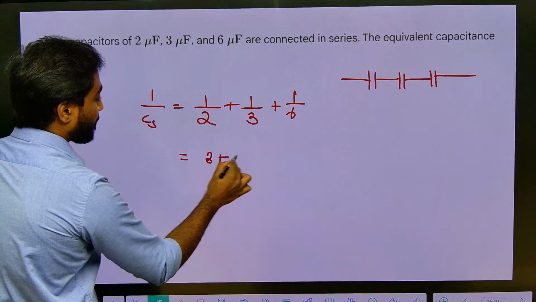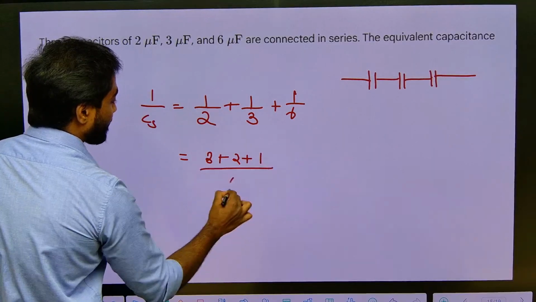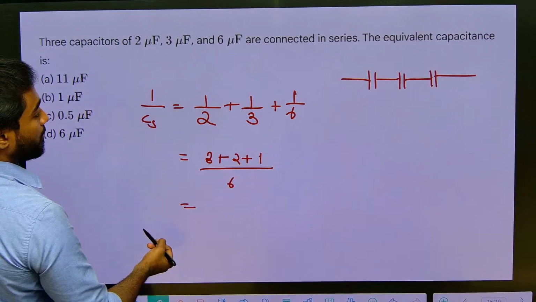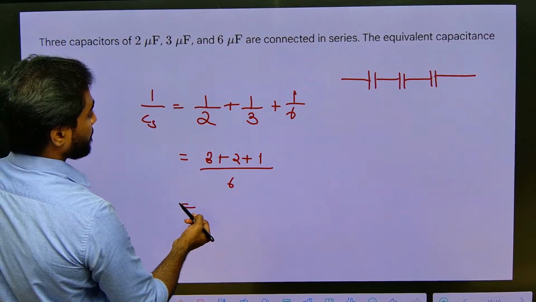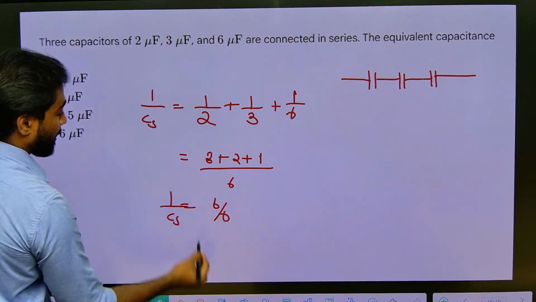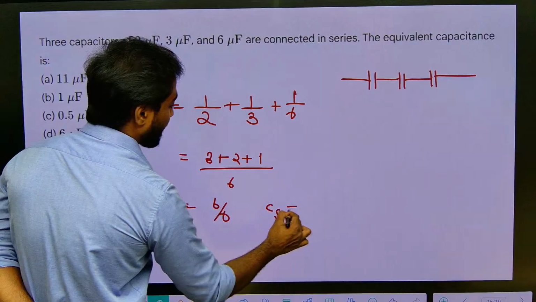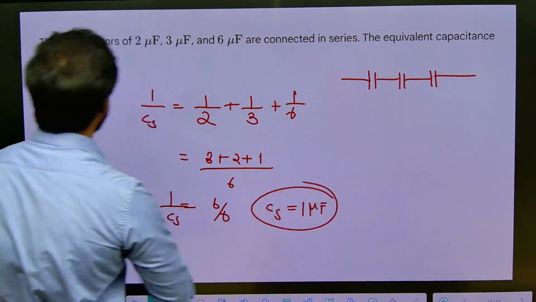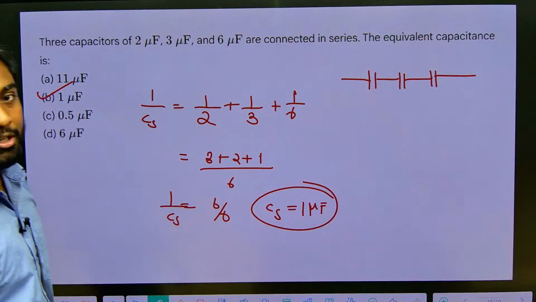So 3 plus 2 plus 1 divided by 6, which is 6 by 6. So 1 by C series will be equal to 6 by 6, so the total net capacitance will be equal to 1 microfarad. That's the answer. Option B is the answer for this question.